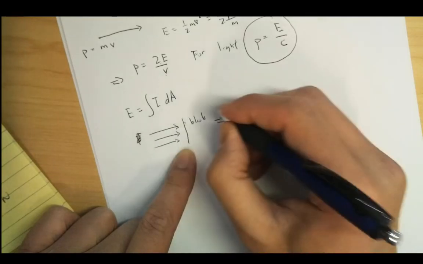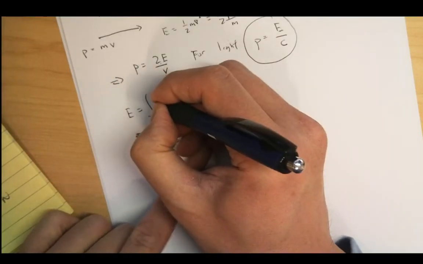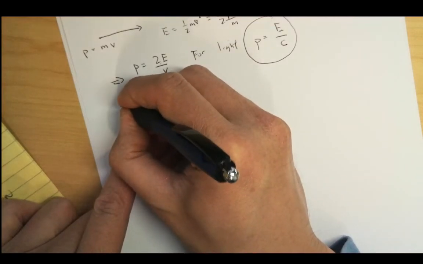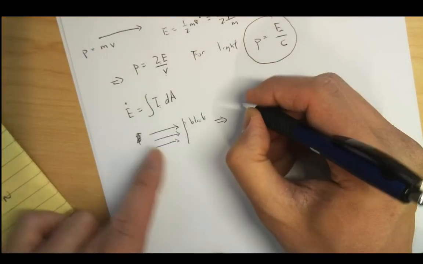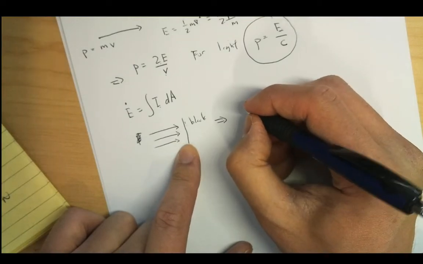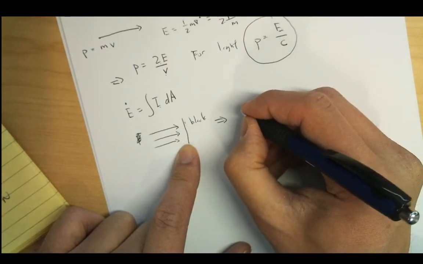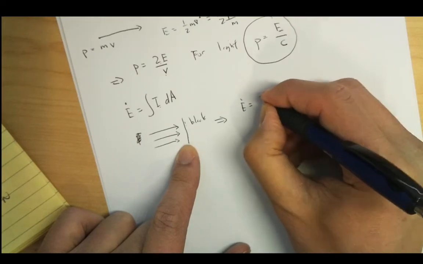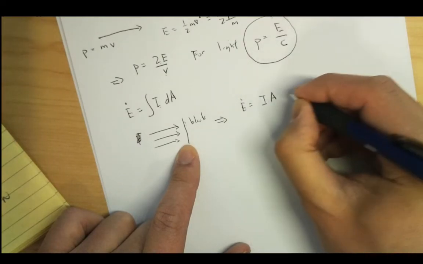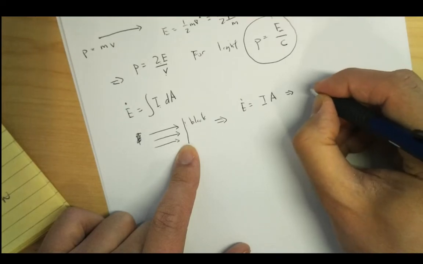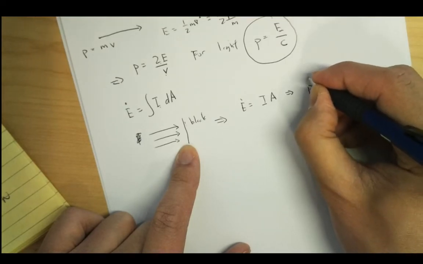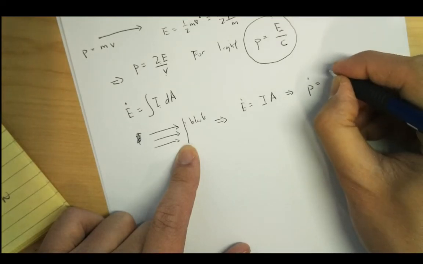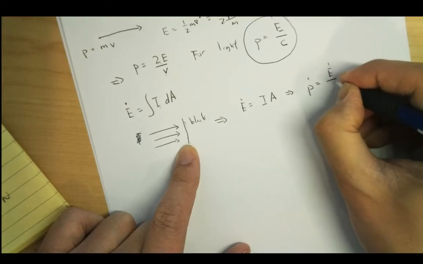Here's the issue: this is not E, this is actually E dot, because it's per unit time. So the energy absorbed there, E dot, is equal to I times A, which means that p dot is equal to E dot over c.